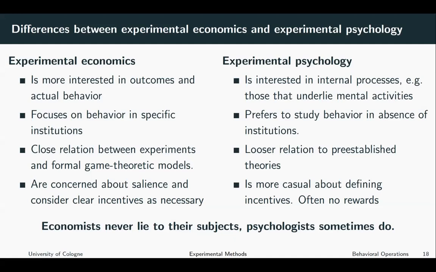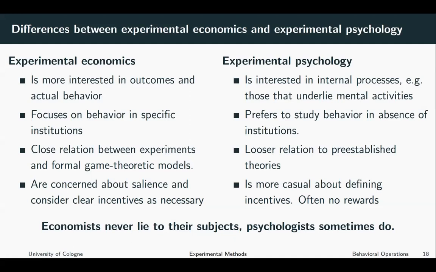What they typically claim is that if you participate in experiments, they tell you that you should imagine yourself in a certain situation and assume that this already gives you the right incentive. So you can see there are quite some differences between experimental OM, experimental econ, and experimental psychology on the other hand. We make one more note here.